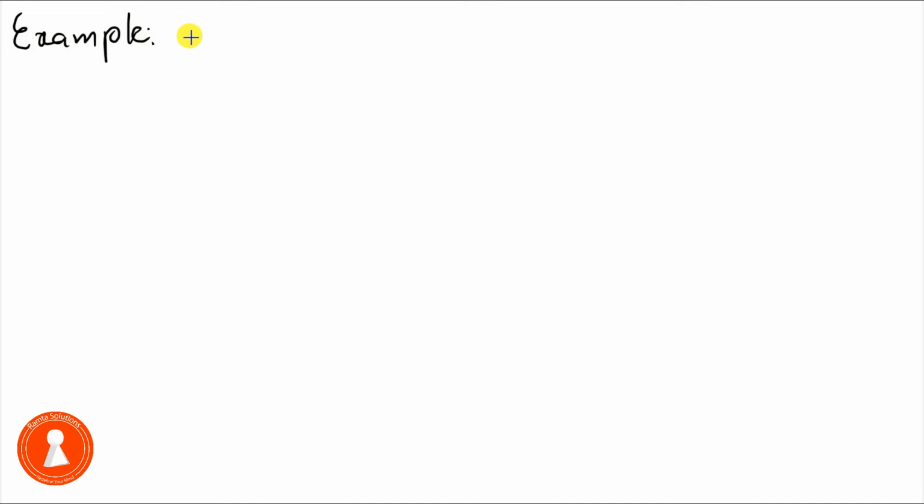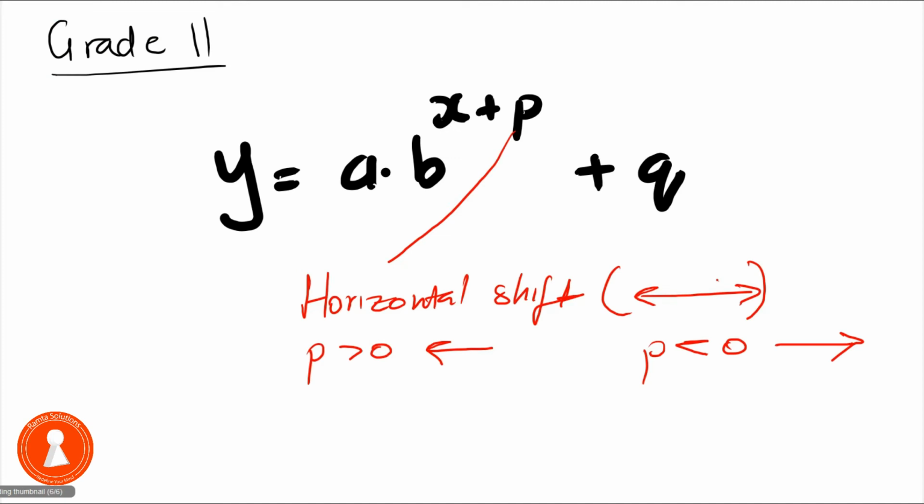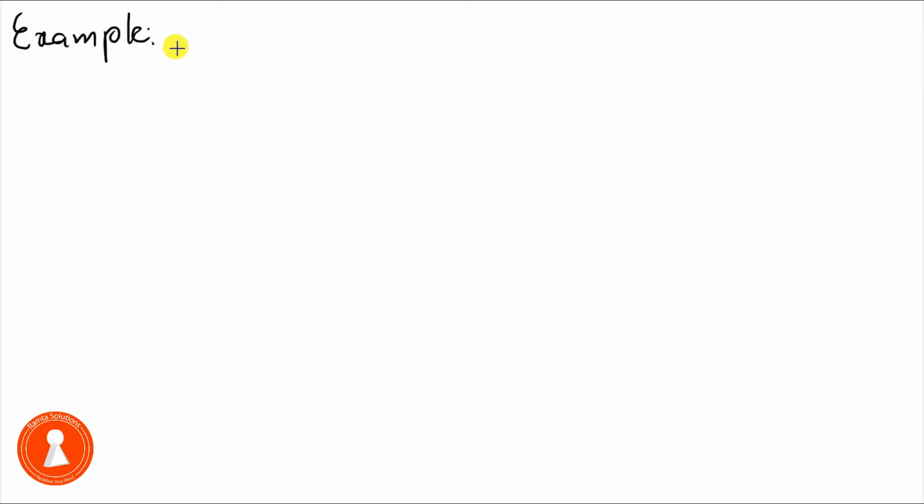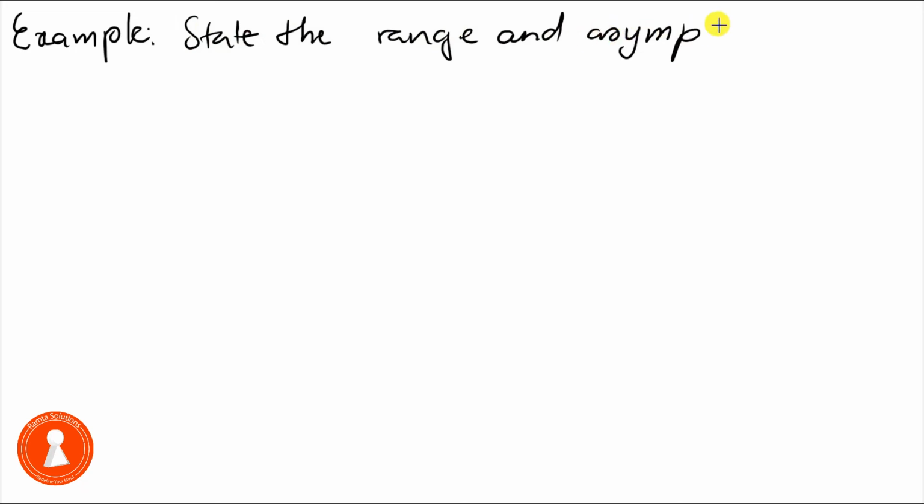Example. Let me see. We addressed everything. And now, determine or state the range. I won't say the domain because it's obvious. It's just x is an element of real numbers. State the range and asymptote of the following.